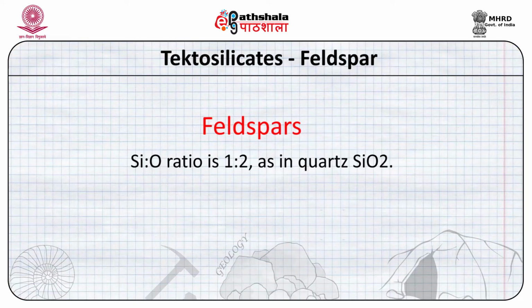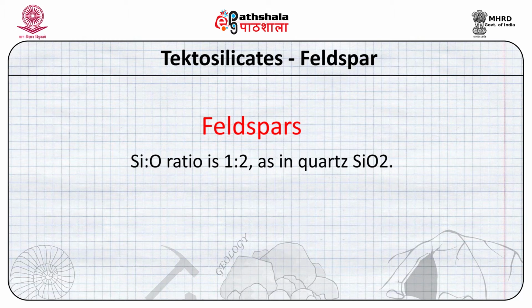Now, tektosilicate is the kind of silicon tetrahedra structure where all the corner oxygens of the tetrahedra are shared by other tetrahedra. Now, this leads to a typical silicon to oxygen ratio of 1:2.